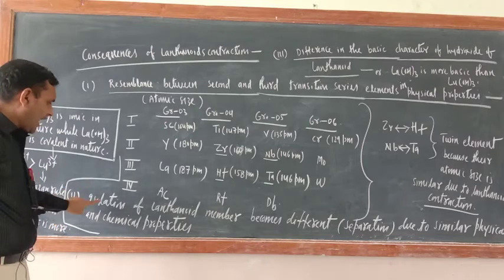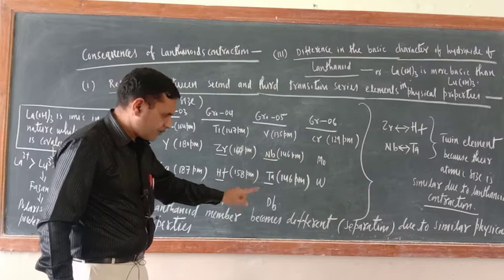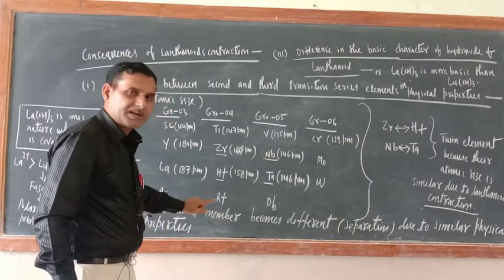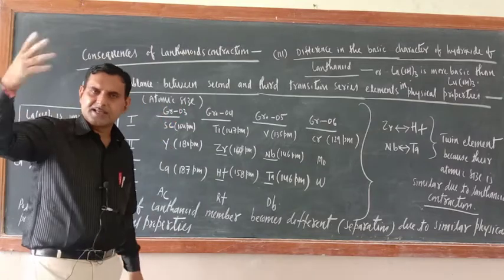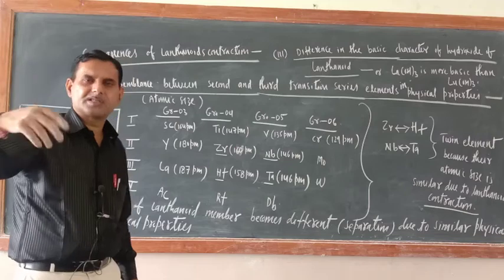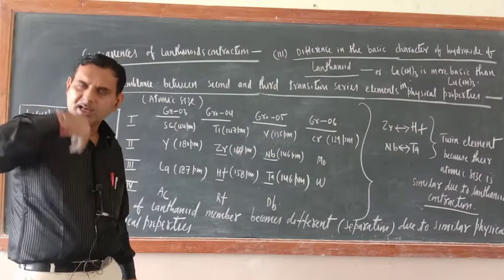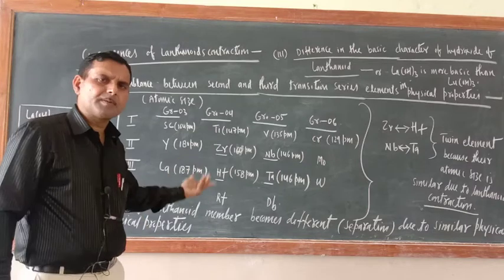Isolation of lanthanide members becomes difficult. Isolation means separation. Lanthanide members are there: cerium, promethium, neodymium, europium, erbium, samarium. These are the members.